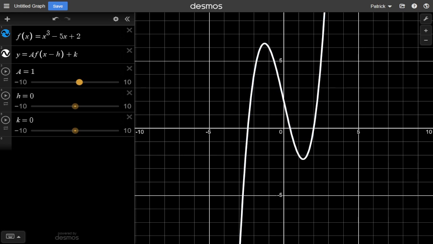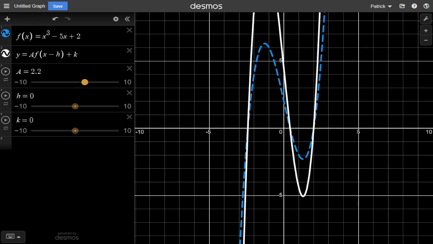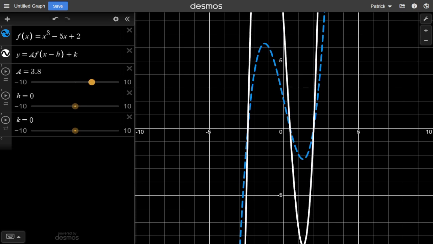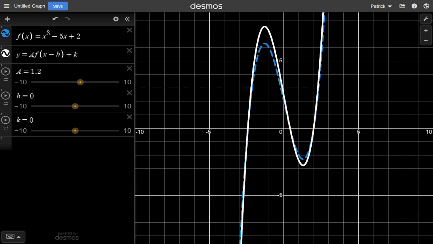But if I grab that a equals 1 and I start to make it bigger, you'll see that the function kind of becomes taller. You can think of this as just grabbing the function and pulling it up and down.